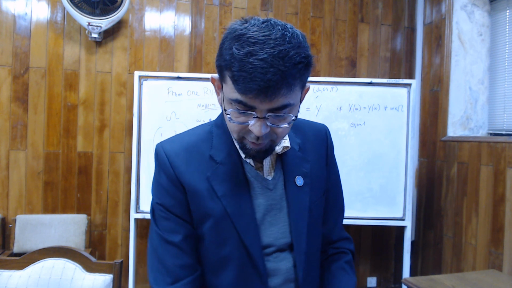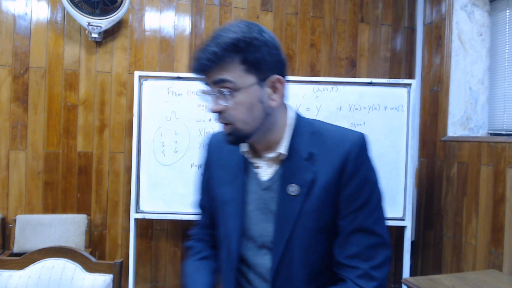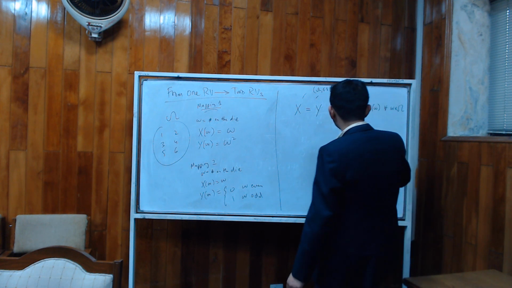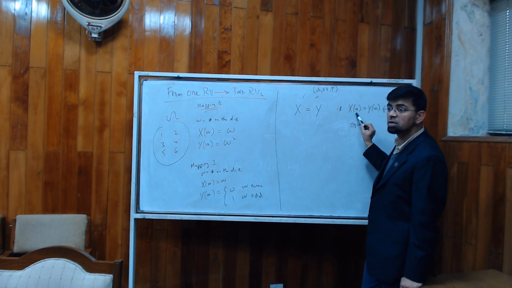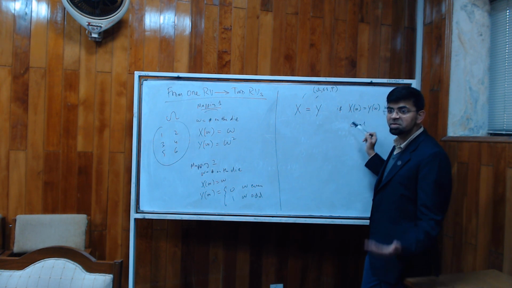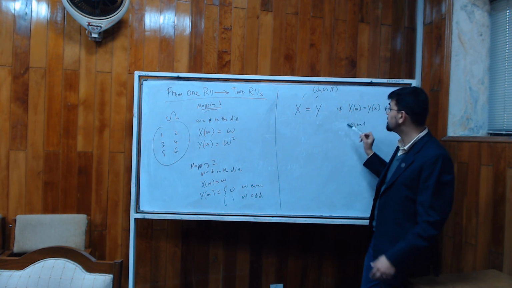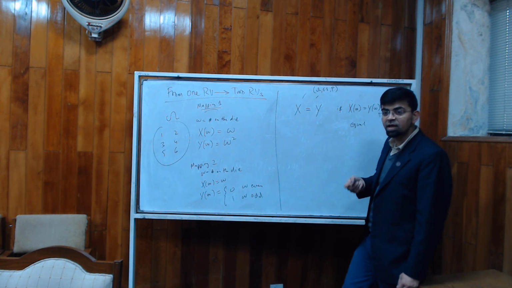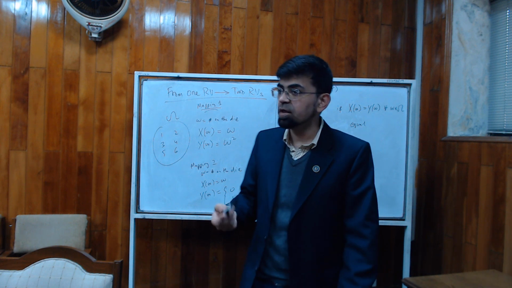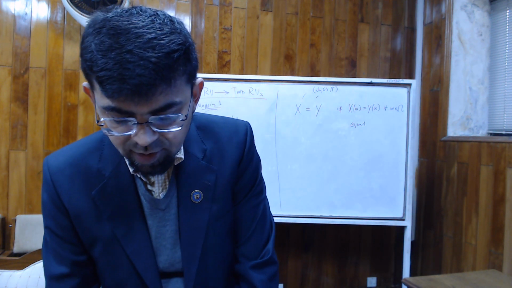If there is an infinite number of omegas where they are equal, and only a finite number, maybe 1, 2 or whatever, of omegas where they are not equal, then we say they are almost surely equal.